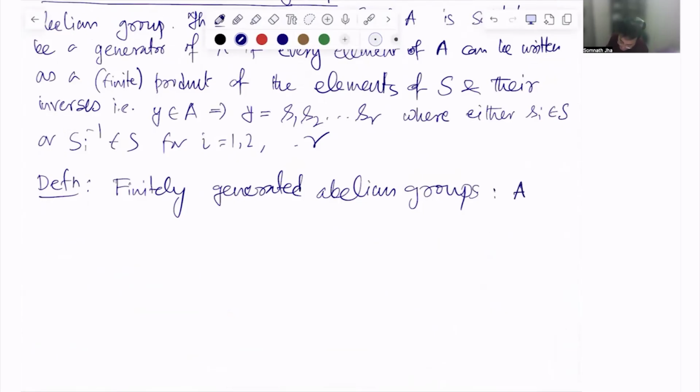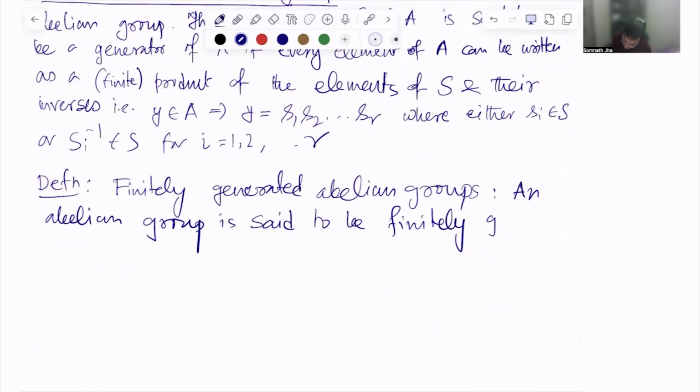An abelian group is said to be finitely generated if there exists a finite set. Let's take an abelian group A and give it a name.